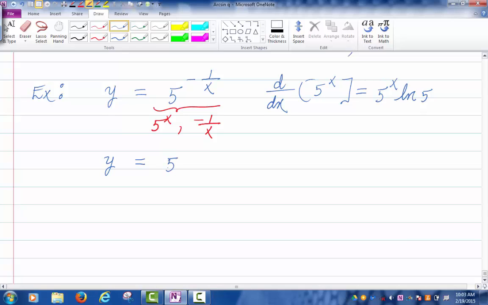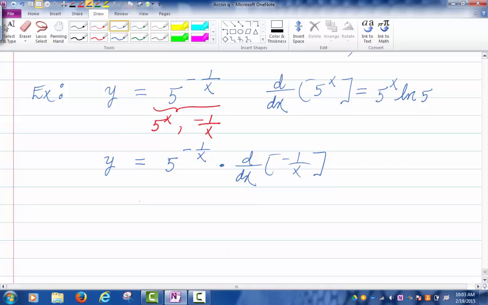What's the derivative of the exponent? The exponent is negative 1 over x, right? Let me write d/dx of negative 1 over x. So what's the derivative of that? Very good.